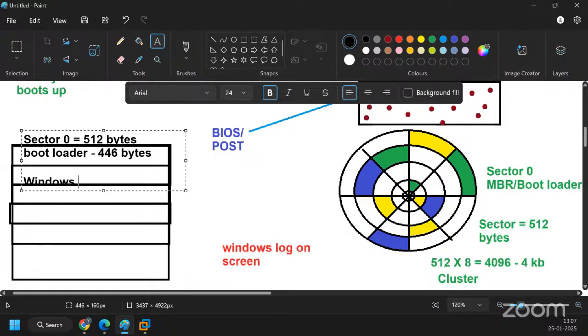Primary partition is where we store the information regarding the operating system details. For example, let's say we have installed Windows 10 on our laptop. It is going to consume a size of 16 bytes.